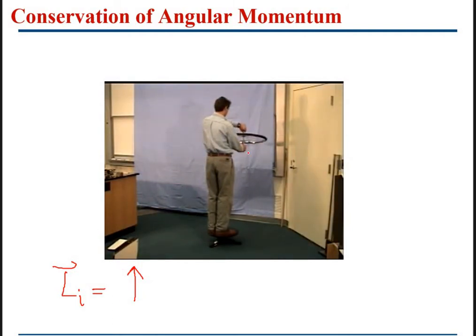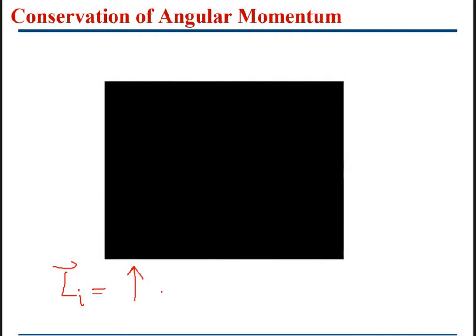Since these two objects are an isolated system, when the person changes the orientation of the angular momentum, he flips the wheel, and then in order to conserve angular momentum, he gets a large angular momentum in the upward direction, so that these two add up to give you the initial.